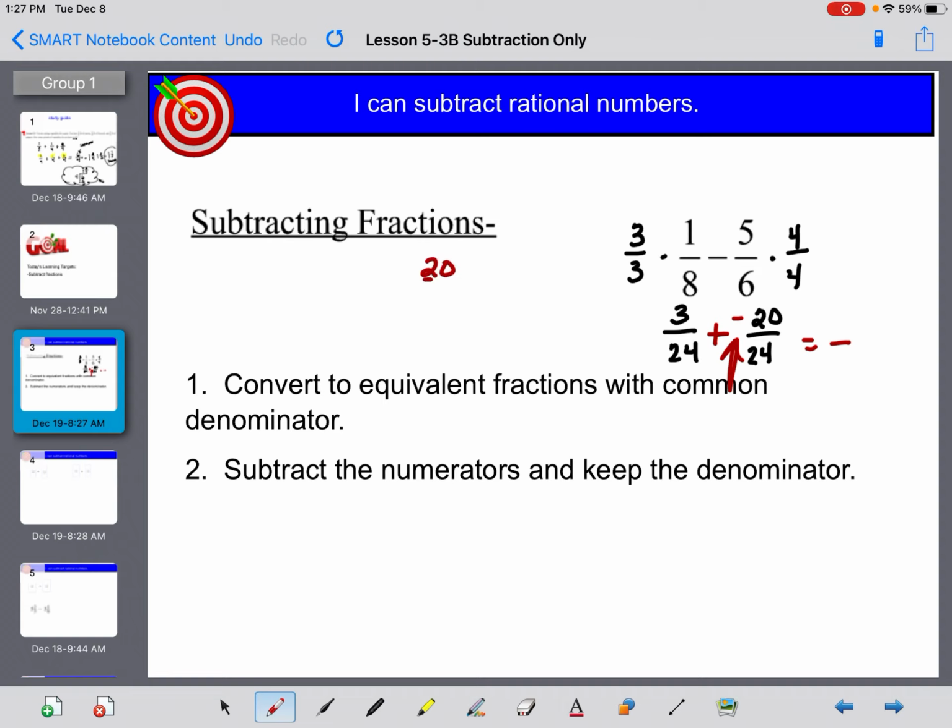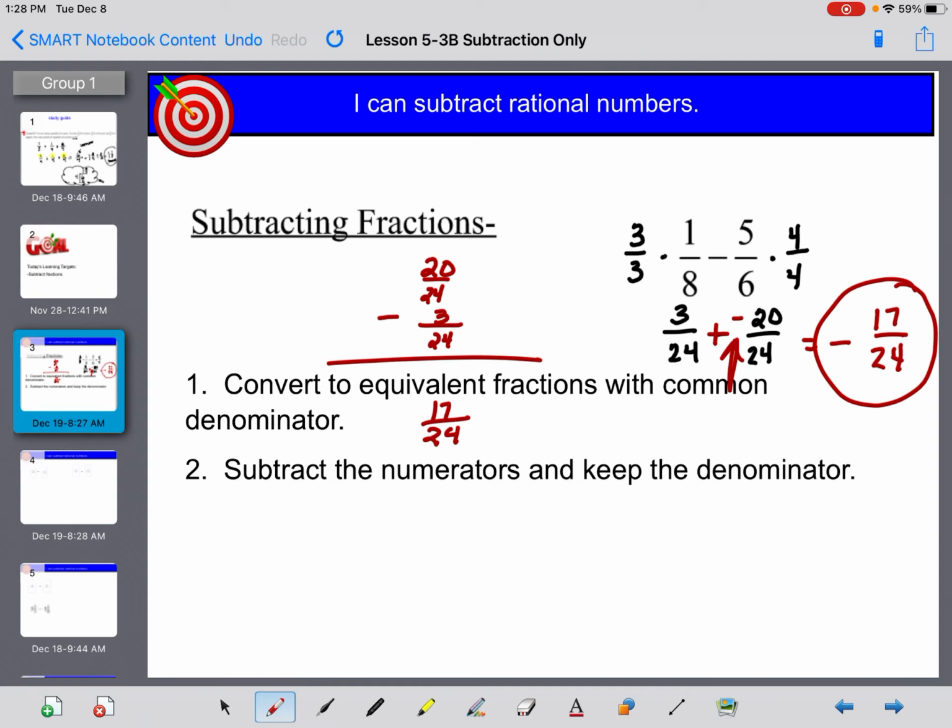So 20/24 minus 3/24 leaves me with 17/24. The largest absolute value is 20/24, and that's negative, so my answer to this problem is also negative. So we're reviewing those adding and subtracting negative rules.